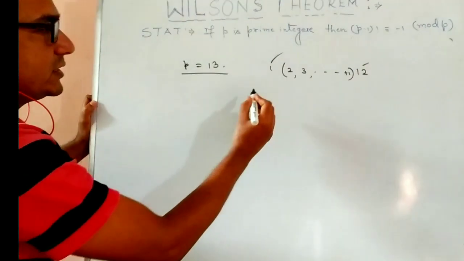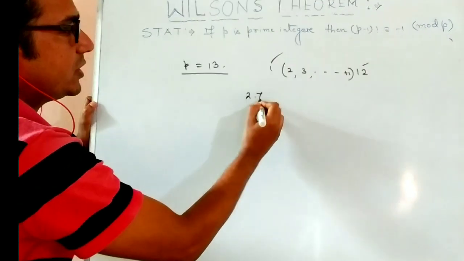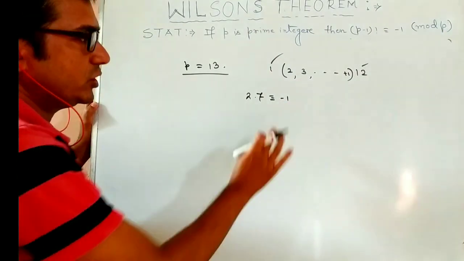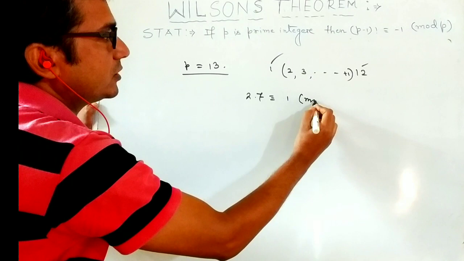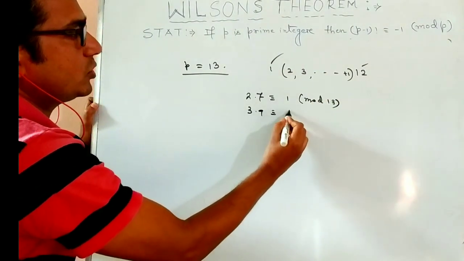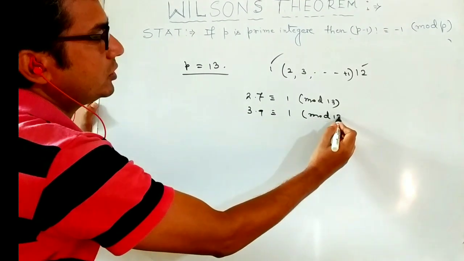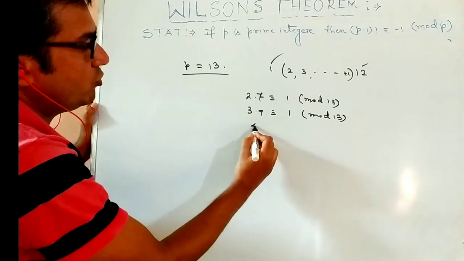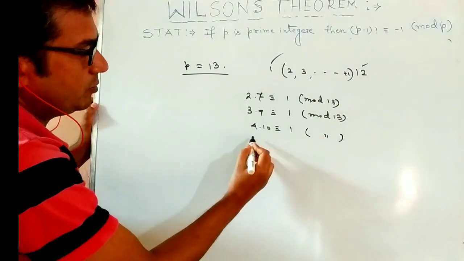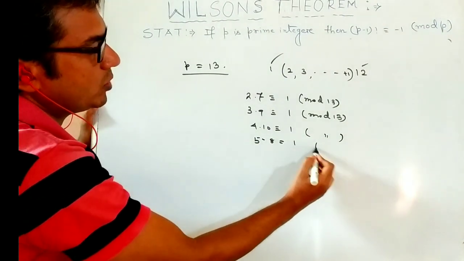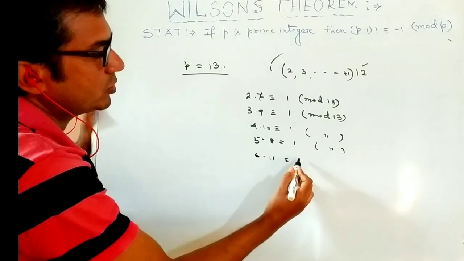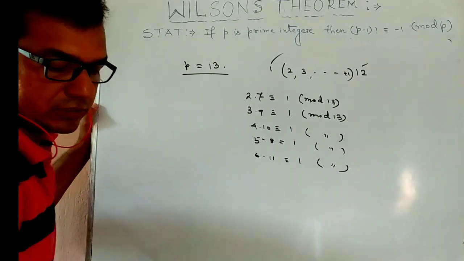And we see that here 2 into 7 ≡ -1 ≡ 1 mod 13, 3 into 9 ≡ 1 mod 13, 4 into 10 ≡ 1 mod 13, 5 into 8 ≡ 1 mod 13, and 6 into 11 ≡ 1 mod 13.